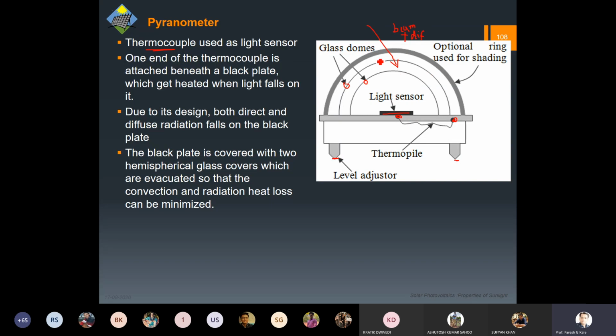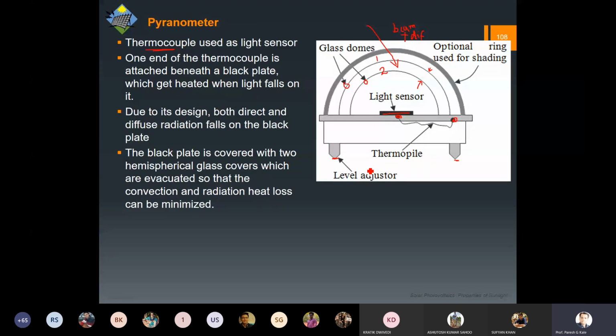Now there are two domes, as I have said. These domes are for creating a greenhouse effect. There is a vacuum in between these two, so whenever the sunlight comes in, both convection as well as radiation heat losses are minimized.